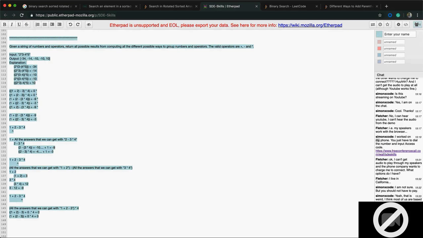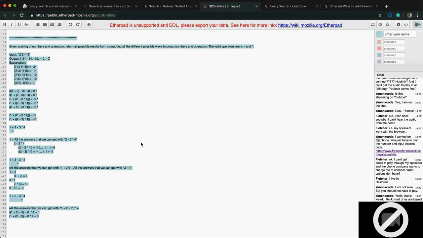When I say multiply, I don't just mean multiply. If it is a multiplication operator, you multiply. If it is a plus operator, you add, as you saw in the first case. If it is a minus operator, then you subtract the answers in both the sets, and the combination of that will give you the complete set of answers for a given string.